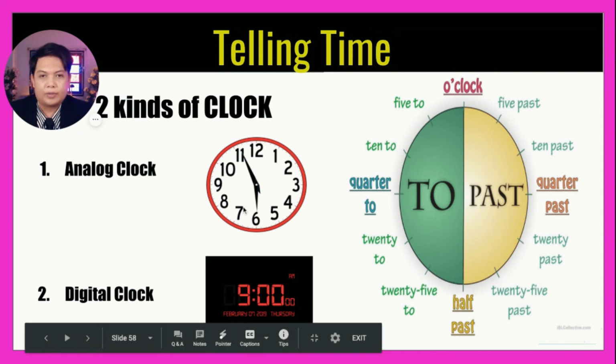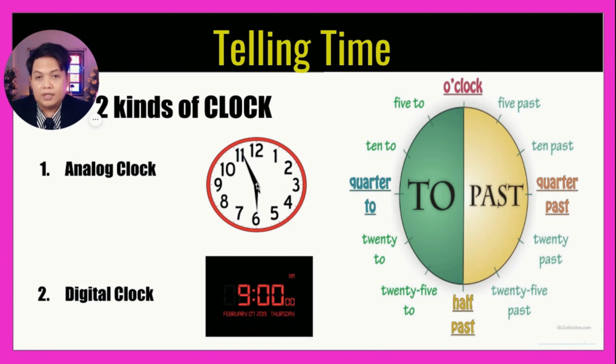The analog clock has two arms. The longer arm is what we call the minute hand, and the shorter one is called the hour hand.